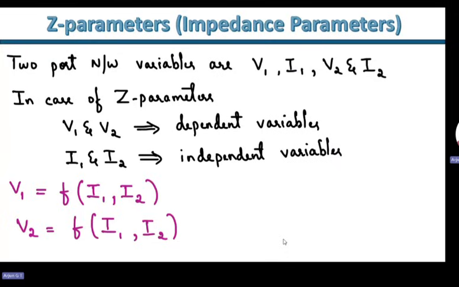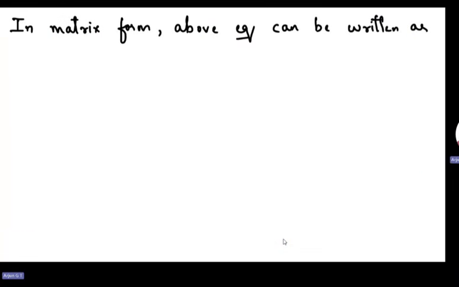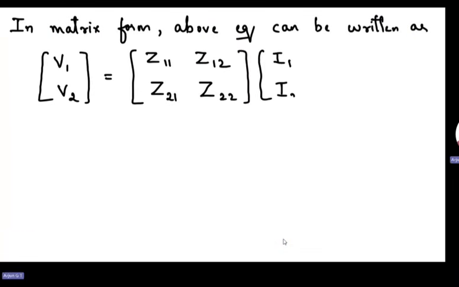We can write this in equation form: V1 is equal to Z11 I1 plus Z12 I2, V2 is equal to Z21 I1 plus Z22 I2, where Z11, Z12, Z21, Z22 are the Z parameters. If we write it in matrix form, it looks like this.